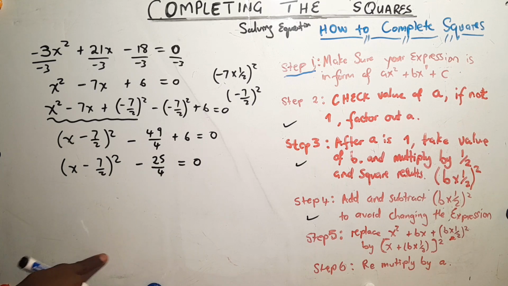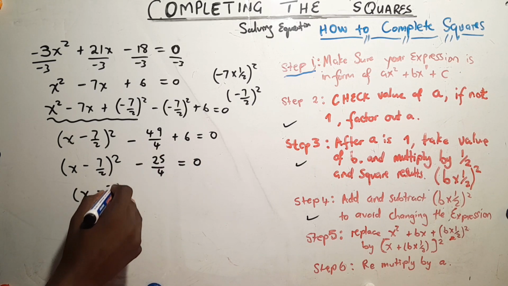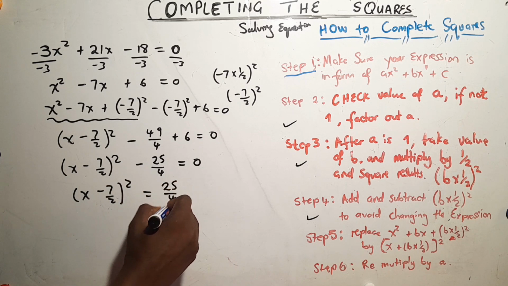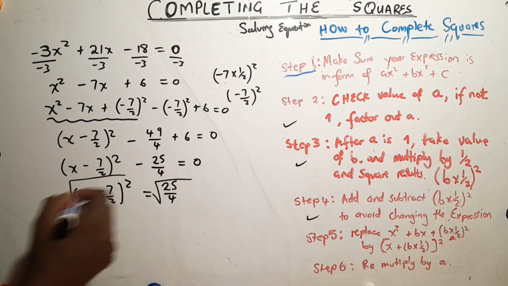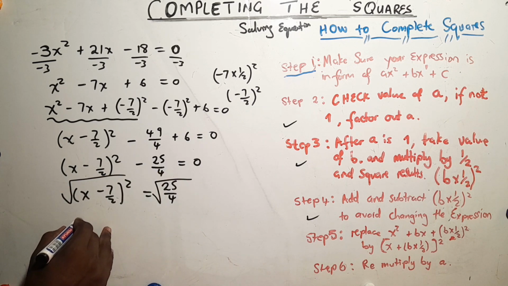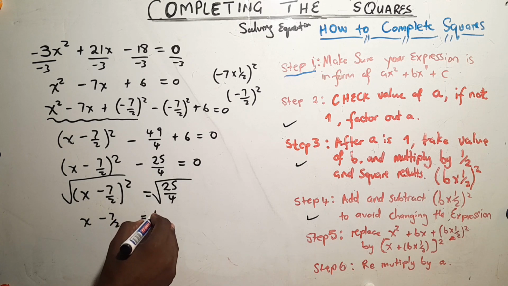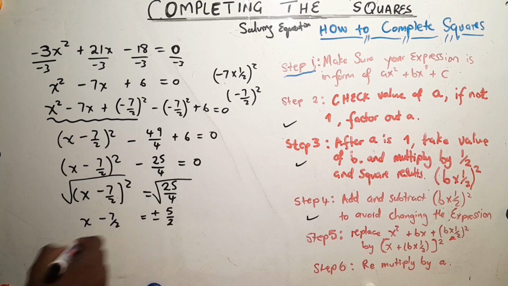So this is an equation, so we can take this to the other side. So our x minus 7 over 2 squared will become 25 over 4. So we can take the square root of both sides. So now our x minus 7 over 2 will become plus or minus 5 over 2.